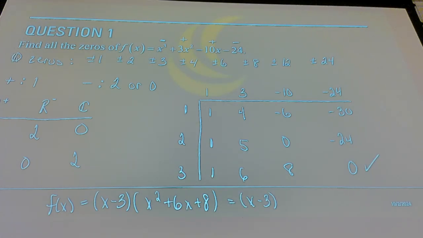X plus 2 and x plus 4. Those are zeros. Negative 4, negative 2, and 3.